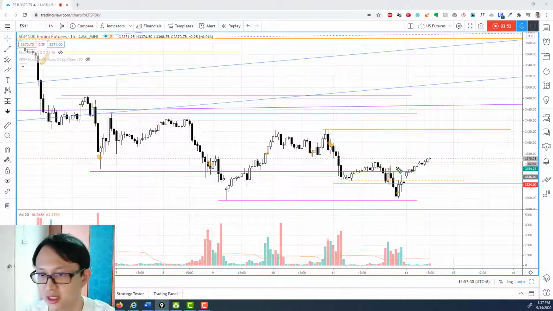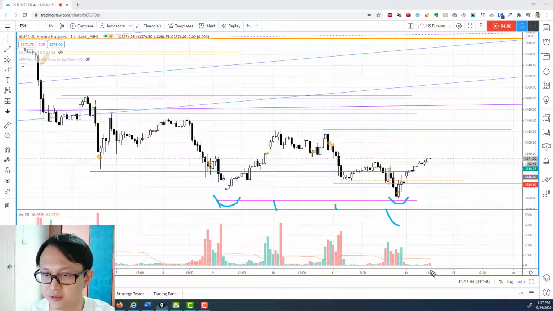Eventually we created a slightly higher low if we compare it to the low created on Tuesday. Yeah, there's Tuesday, Wednesday, Thursday and Friday. So it's slightly a higher low, because what I thought was we had a chance to create an even lower low here, but with a bit of shortening of the thrust.